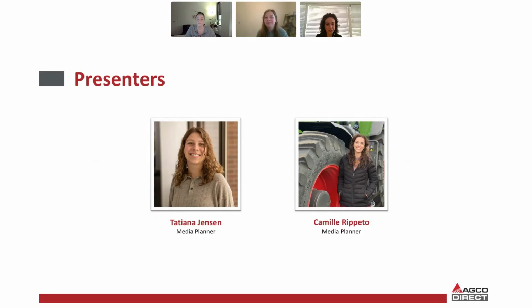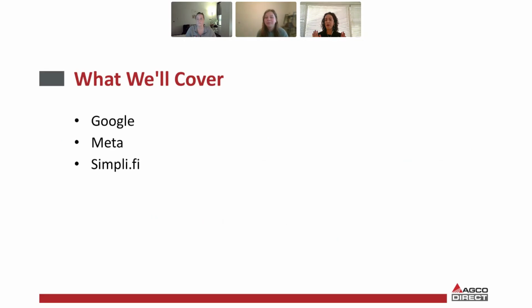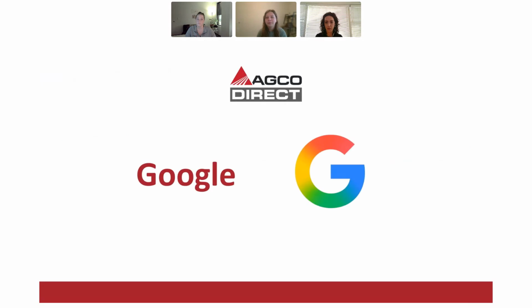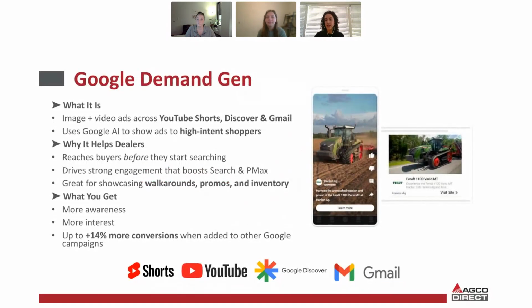So there are lots of new media tools, it seems like, that are being released all the time. But what we'll cover for today are some new paid media tools in Google, Meta, and Simplify. So I'll kick it off with Google. There is a new Google Ads service called Demand Gen.